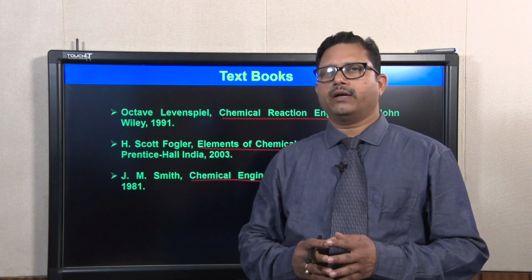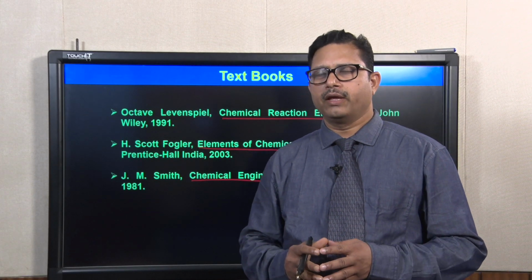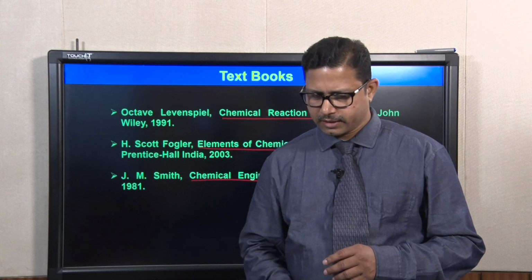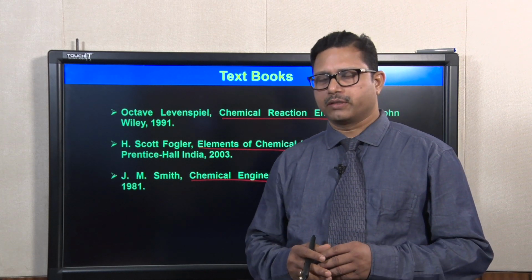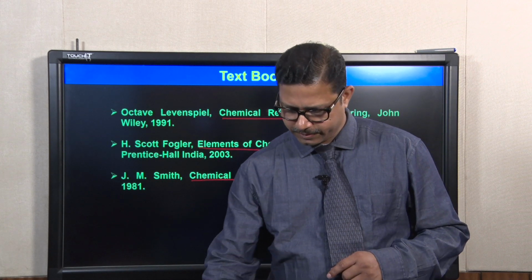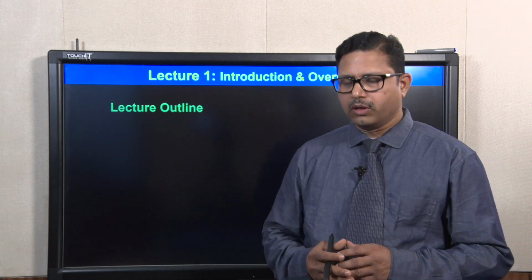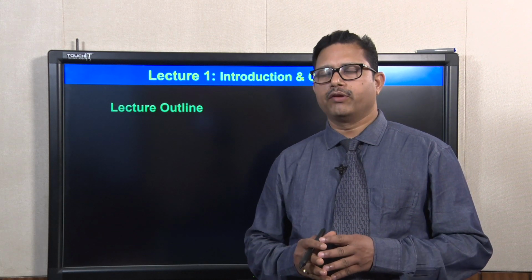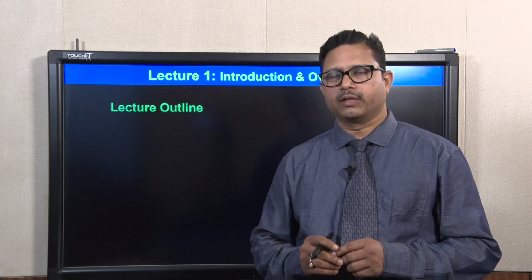In addition to that, we will have many reference books which we will highlight while we discuss different topics in this lecture series. So, the brief introduction and overview of this course will be covered in this lecture.